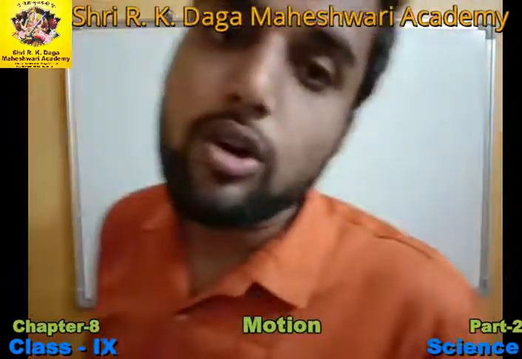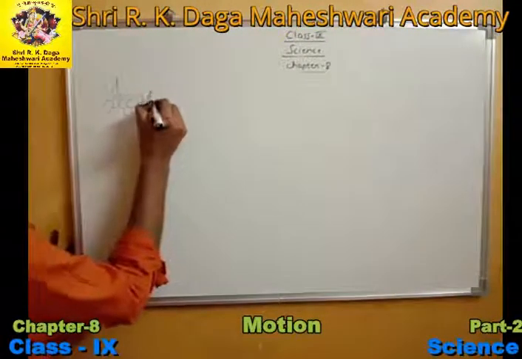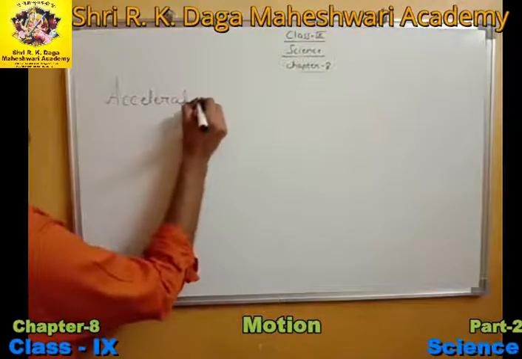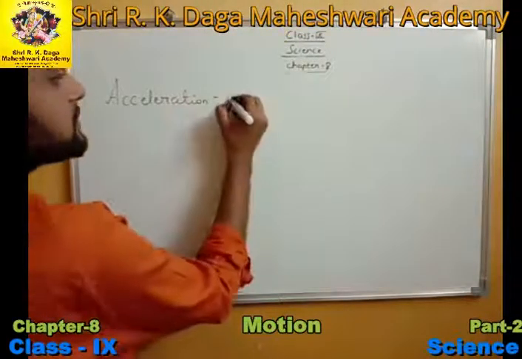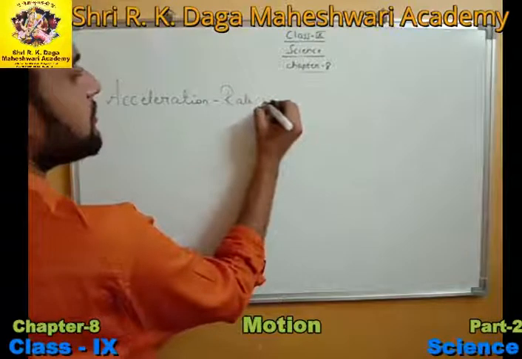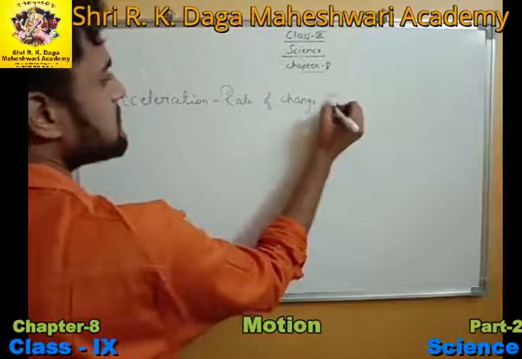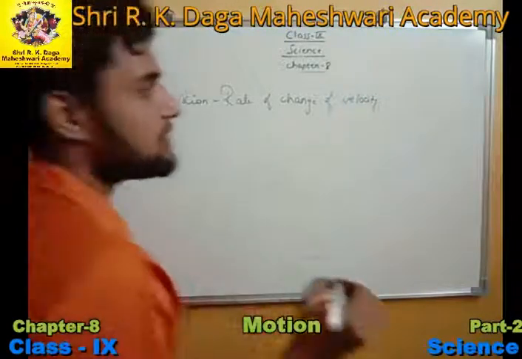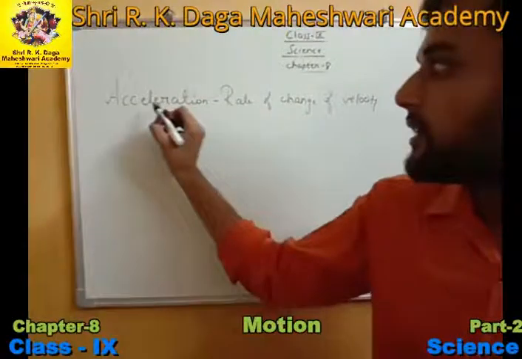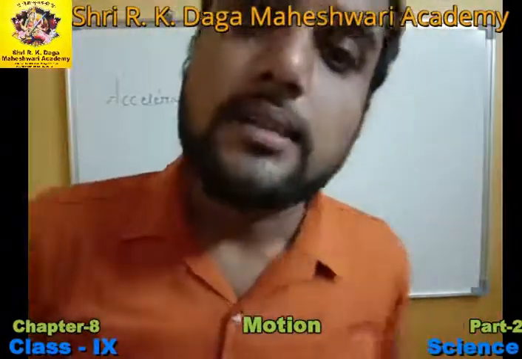Now the next topic that we are going to study is acceleration. We can define acceleration as the rate of change of velocity. We have accelerators in our cars, right?